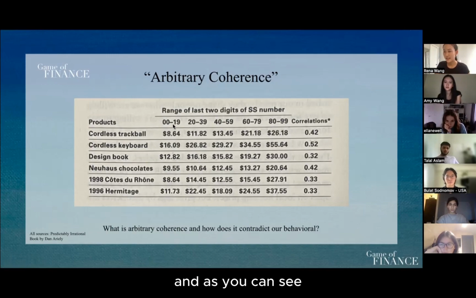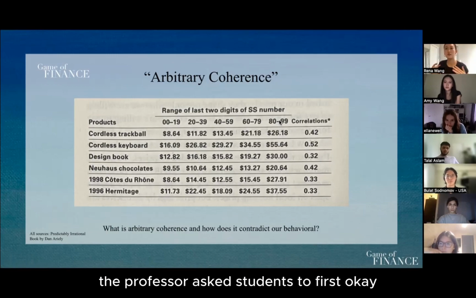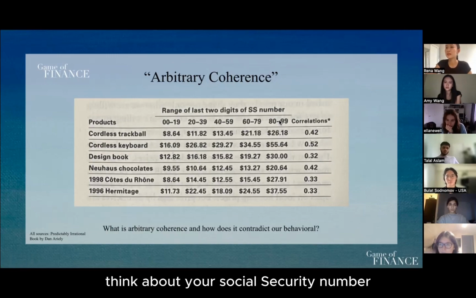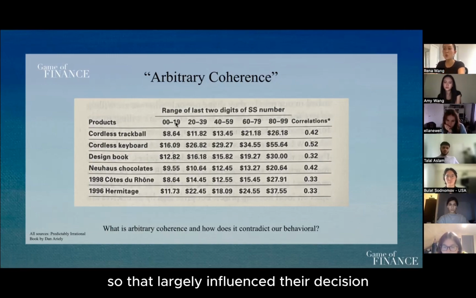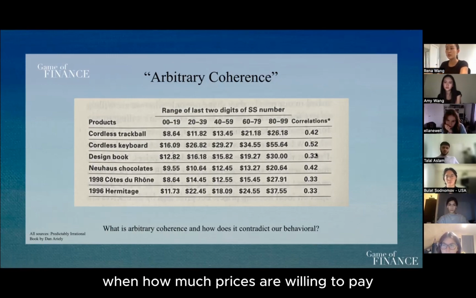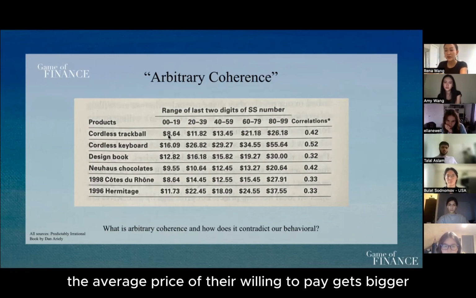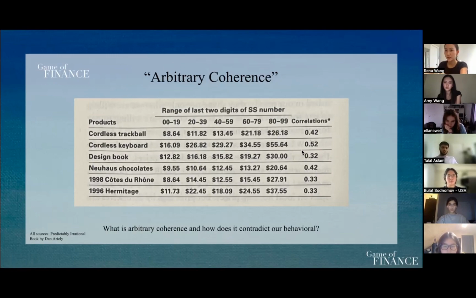The professor asked the students to first think about their social security number and then estimate the price. That largely influenced how much they were willing to pay. As their digits grew bigger, the average price they were willing to pay got bigger, and bigger, and bigger.